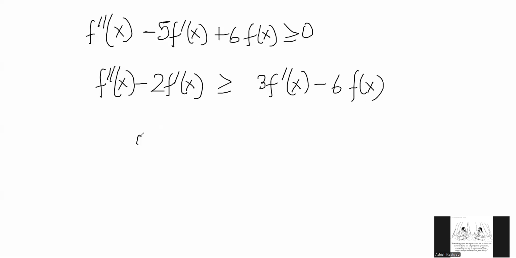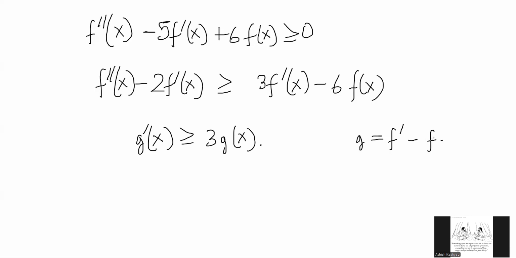And I can see here that it is g dash x is greater than or equal to 3gx, where g function is f dash minus 2f, right? Once you get this, you have g dash x minus 3g is greater than or equal to 0.